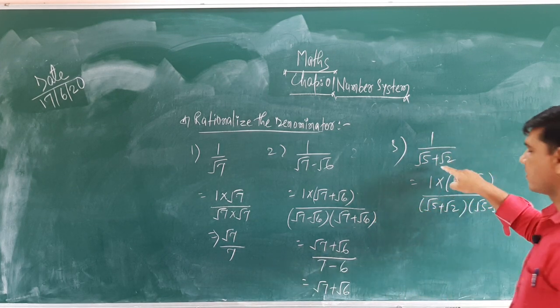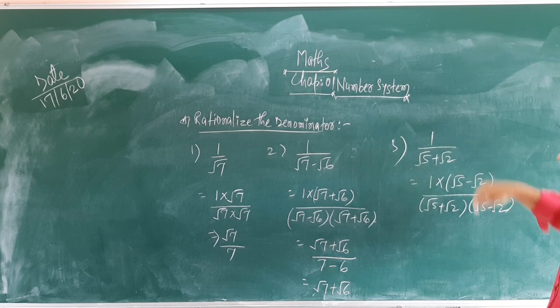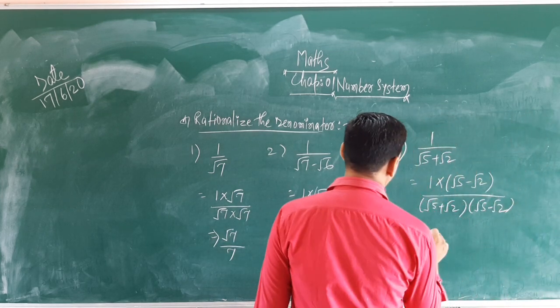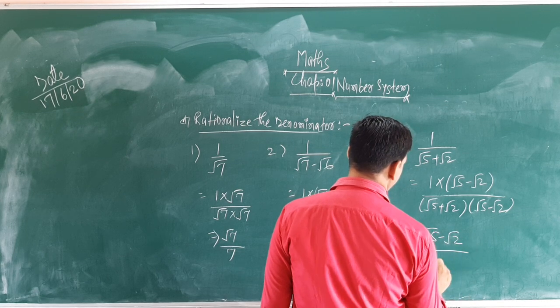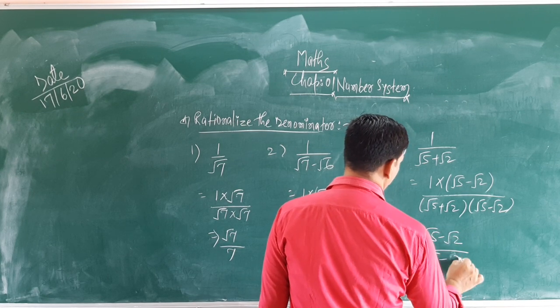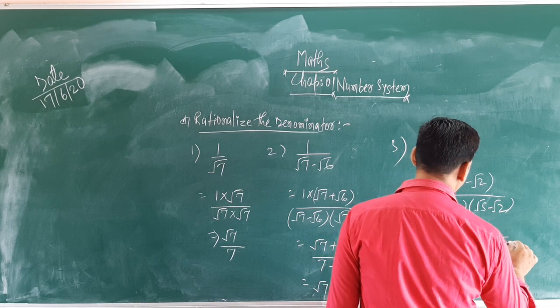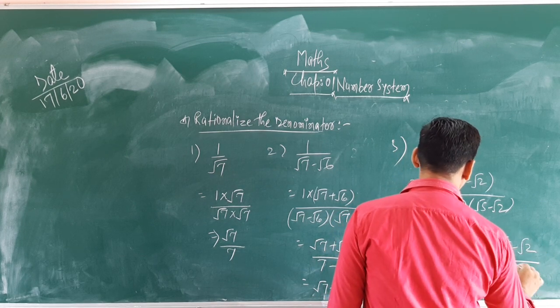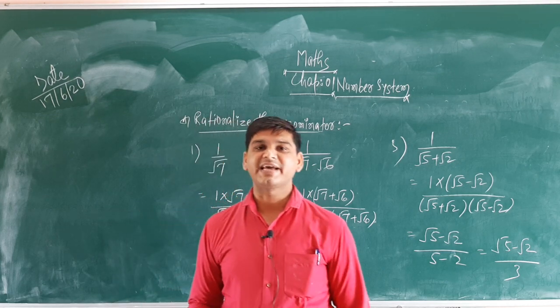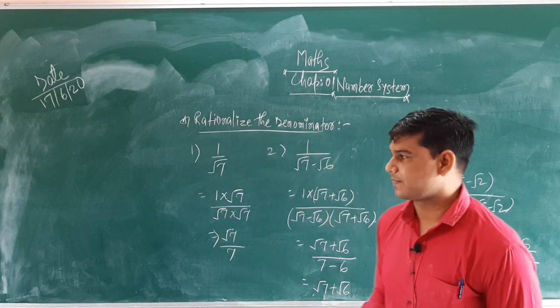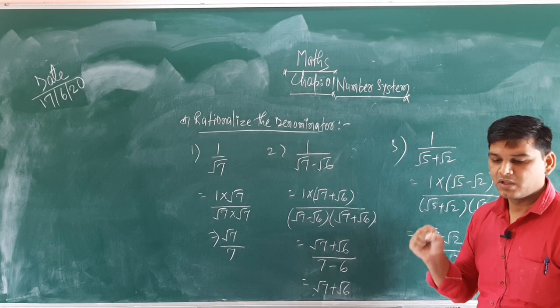So root 5 minus root 2, multiplied with 1; root 5 into root 5 is 5, minus 2. So we get root 5 minus root 2 upon 3. Simply, by using this method we can simplify and rationalize the denominator.